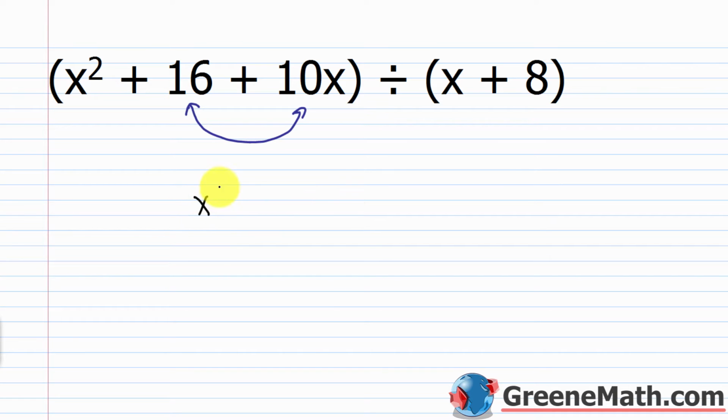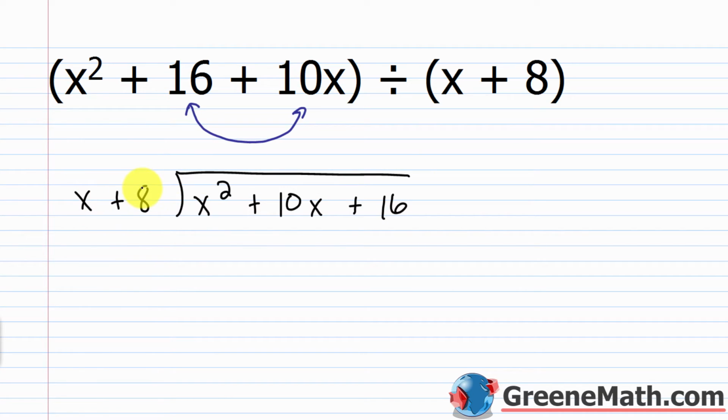So I'm going to say I have x squared plus 10x plus 16, and this is divided by x plus 8. So if you see a polynomial that's not in standard form, you need to fix that. So for example, if this would have been 8 plus x, I would have flipped that and made it x plus 8. Right? So that's kind of the first thing you want to do when you're setting this up.